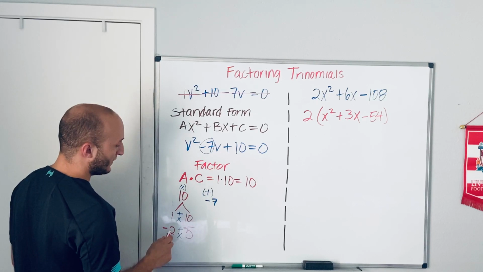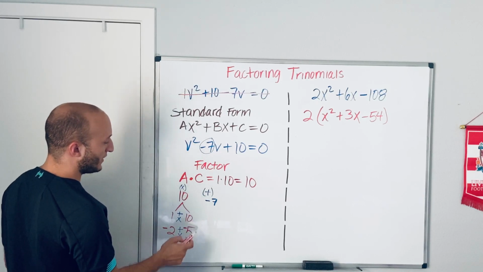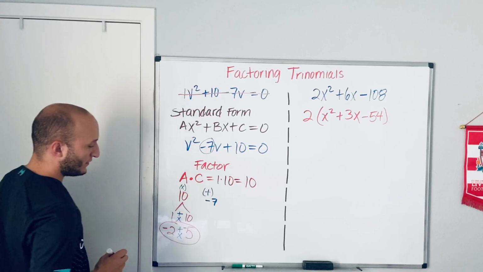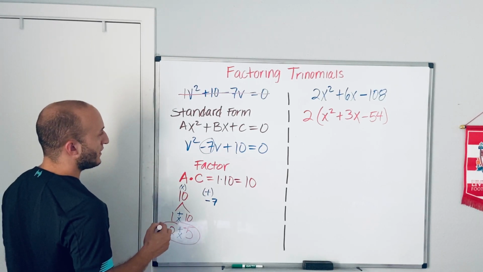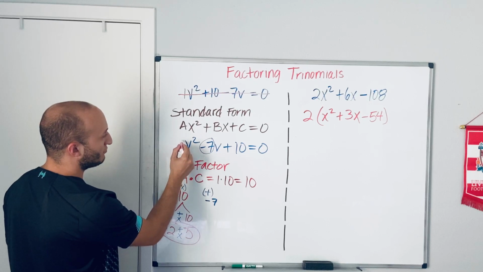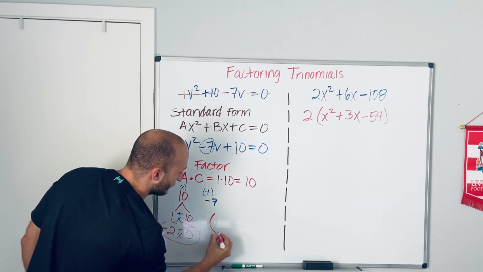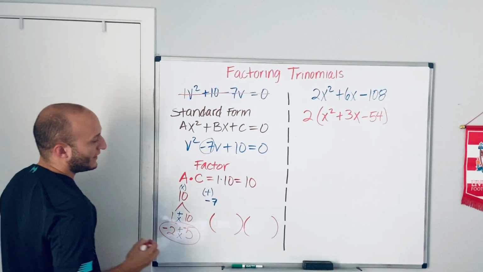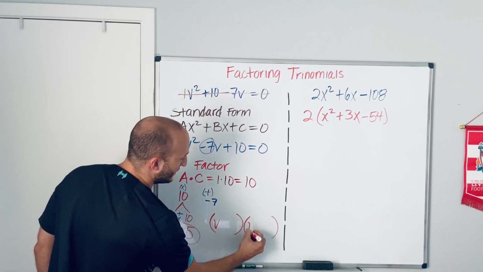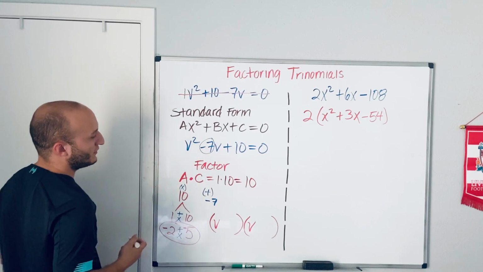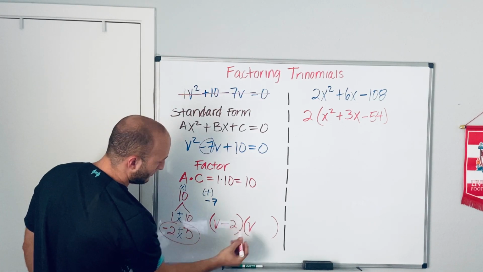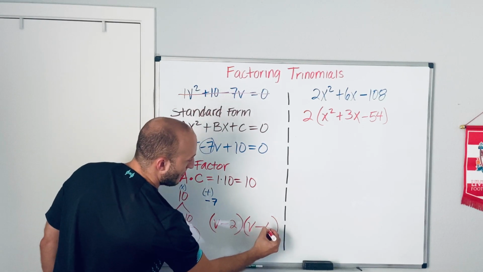Good. And then -2 times -5 gives me a +10. So those are the two numbers I want. And since my leading coefficient is 1, I can go straight into just the two parentheses and write in the variable used and then the numbers. So -2 and -5.